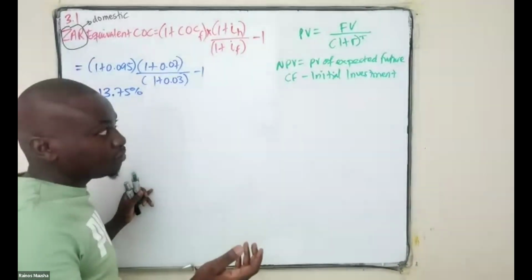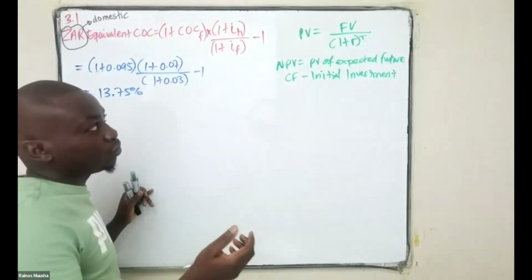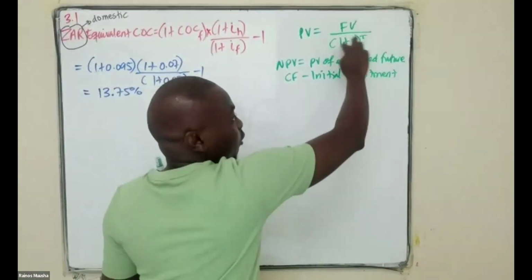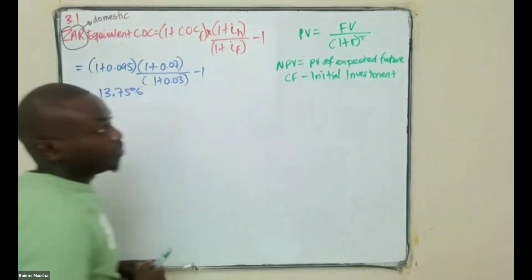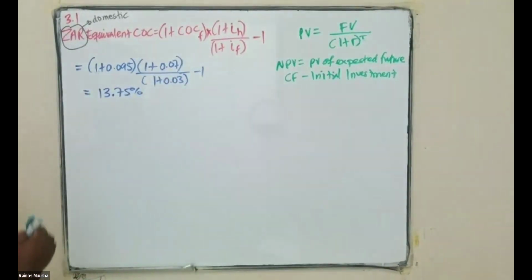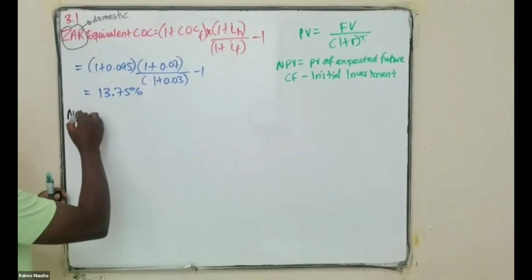How do we find the present value of these expected future cash flows? We need to discount all these cash flows back to present value by using that formula. So in this case, our net present value is equal to.